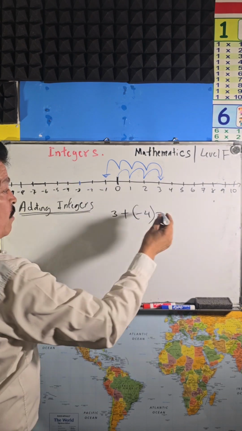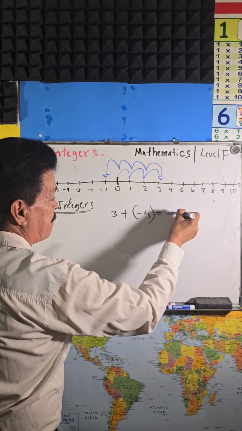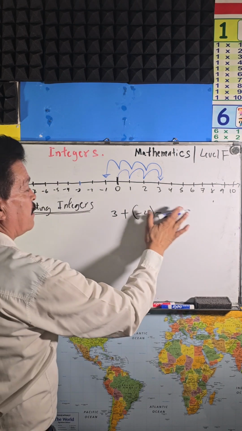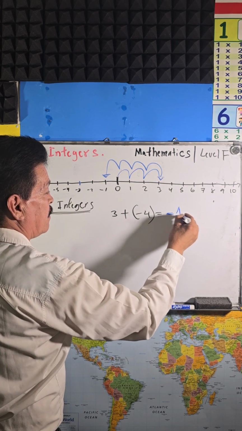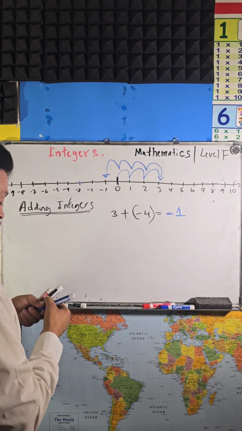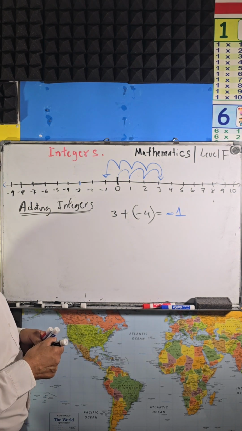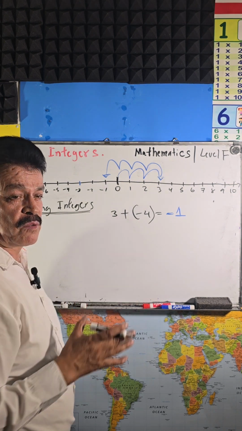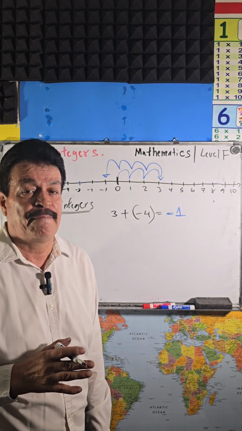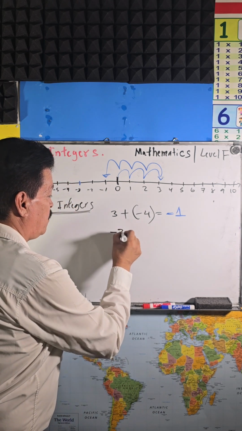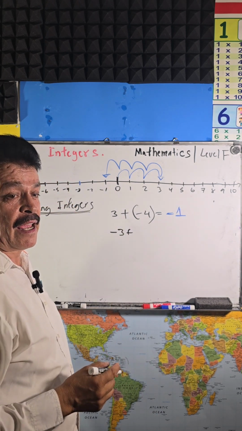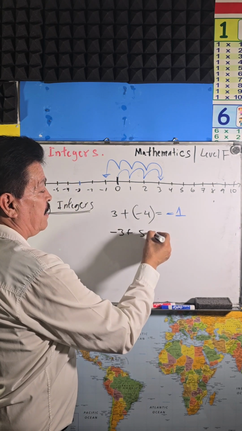So it is negative 1. Negative 1. So let's solve another problem. Negative 3 plus 5. It's very easy.